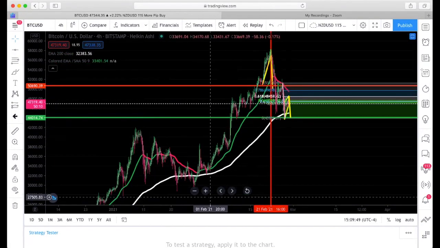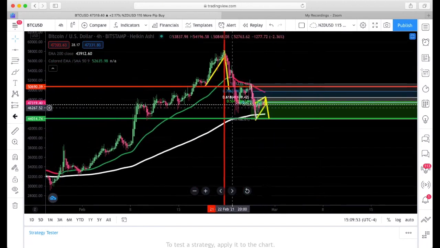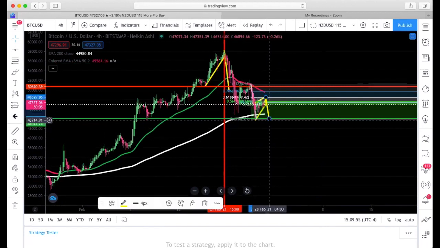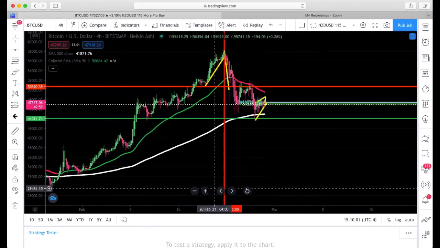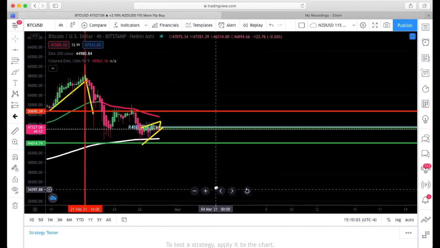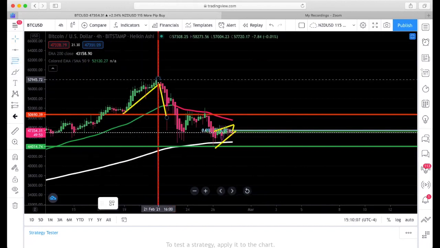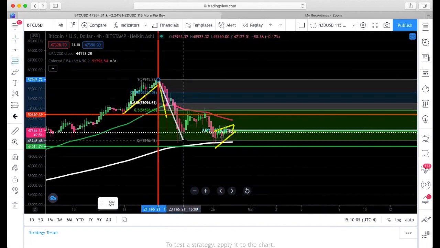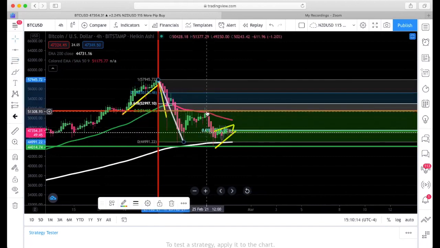Here's another example. I already have my fibs on here because, like I said, I use it for everything. So in this example here, when I zoom in, what do you see? Impulse here in the market, pull back to the 50, which is right here, and then you get your continuation down.